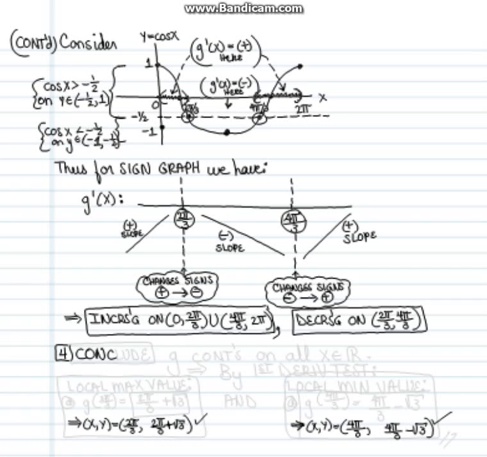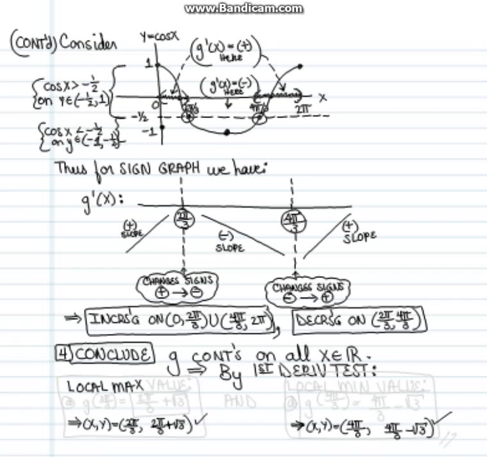Now let's make our final conclusion about the local min and local max. We know that the function g is continuous for all x on the real numbers. And that implies by the first derivative test that we have a local max value at g of 2 pi over 3 because we changed signs there.